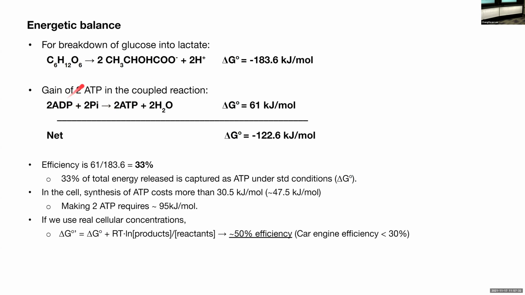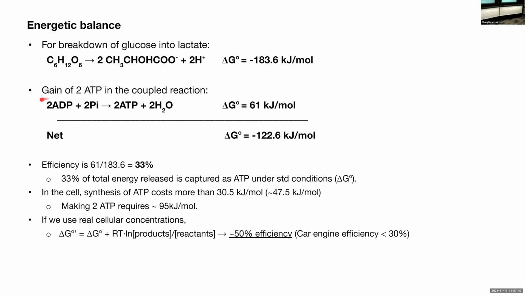Okay, so this process has a highly negative delta G naught value here, less than negative 183 kilojoules per mole.